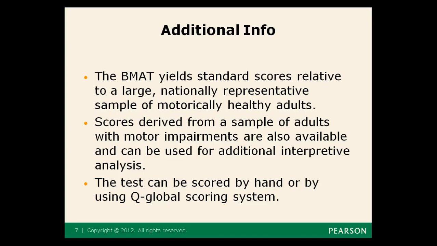But I encourage those of you who are not familiar with Q Global to go to our website, search for Q Global, go to the BMAT website, and access some brief tutorials that I've done for different assessments to see what the system's all about. It is an online scoring assistant, so it's very portable. You can access it from anywhere, and it has additional benefits as well. So feel free to check that out.